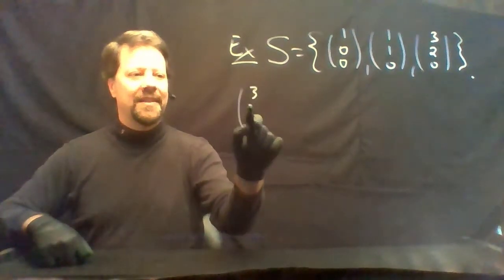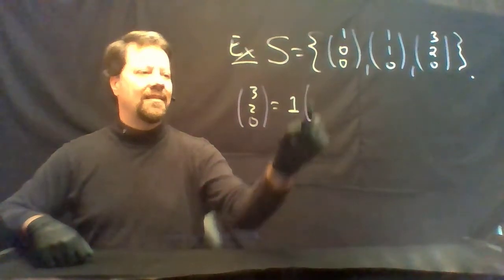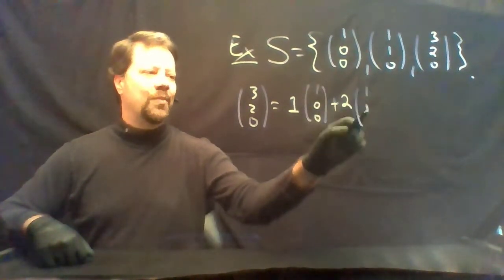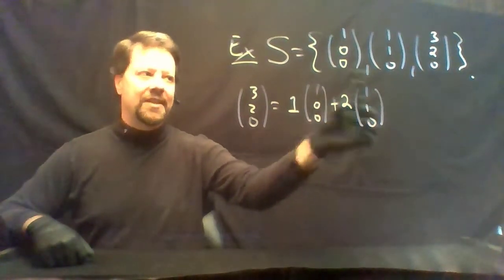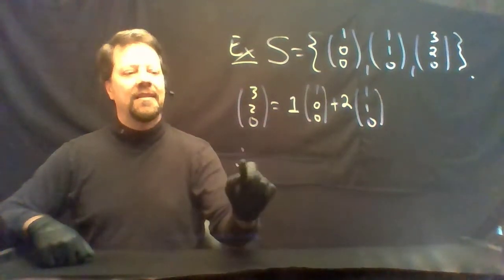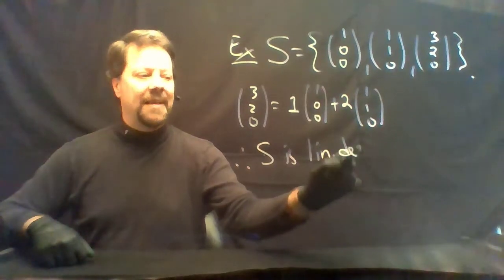Check it out. 3, 2, 0 is 1 times 1, 0, 0 plus 2 times 1, 1, 0. That means the last vector can be expressed as a linear combination of the first two. Therefore, S is linearly dependent.